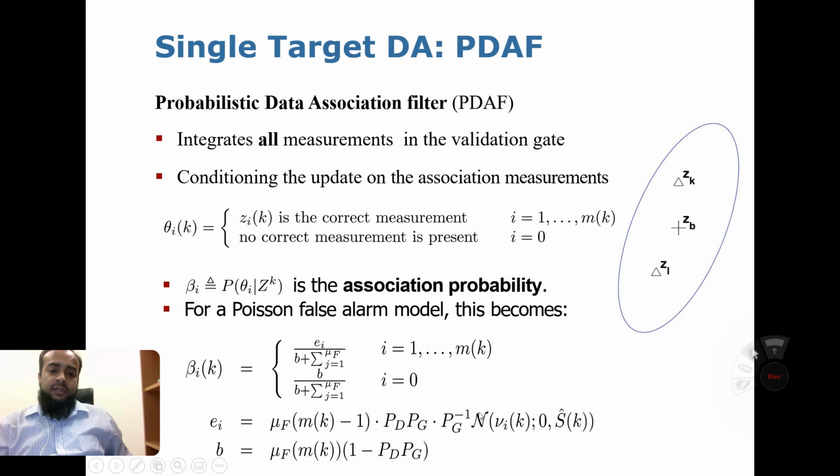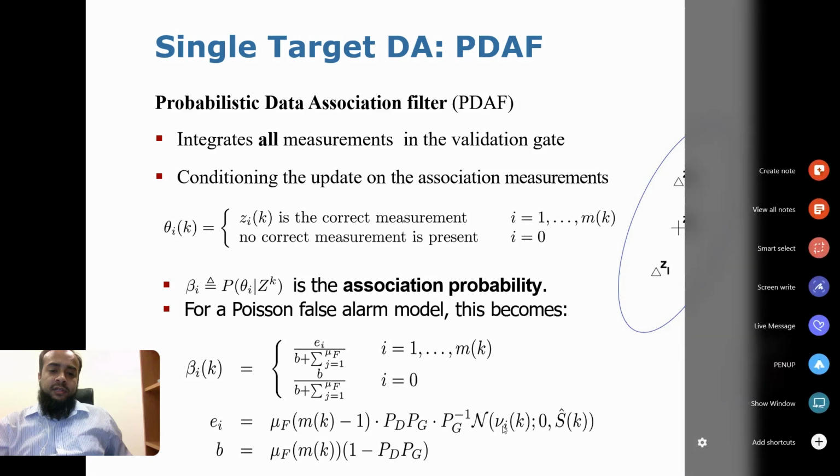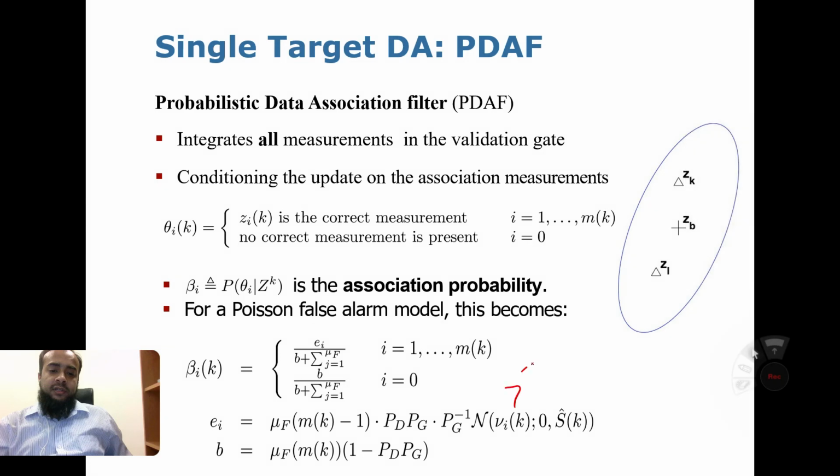So your likelihood is calculated with this v_ki, which, as you know, is z minus z mean, having zero mean and the covariance of this one.